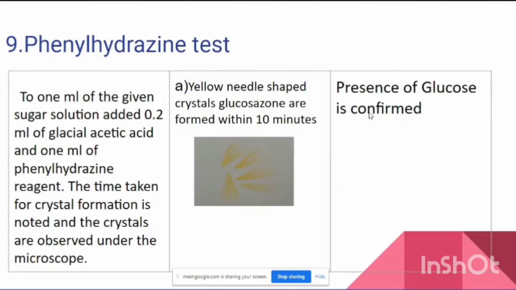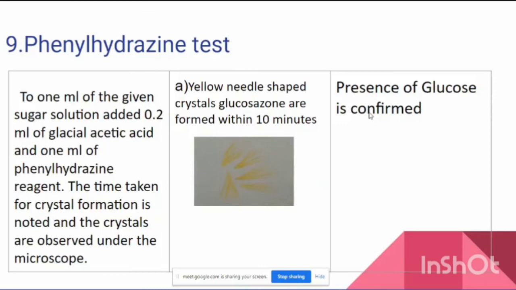And next is the phenylhydrazine test. If the substance is completely hydrolyzed, we get yellow needle-shaped crystals, that is glucosazones, within 10 minutes. That confirms the presence of glucose in the hydrolyzed solution, which proves that starch is made up of glucose as its basic moiety. That is an important lesson we have to carry today.